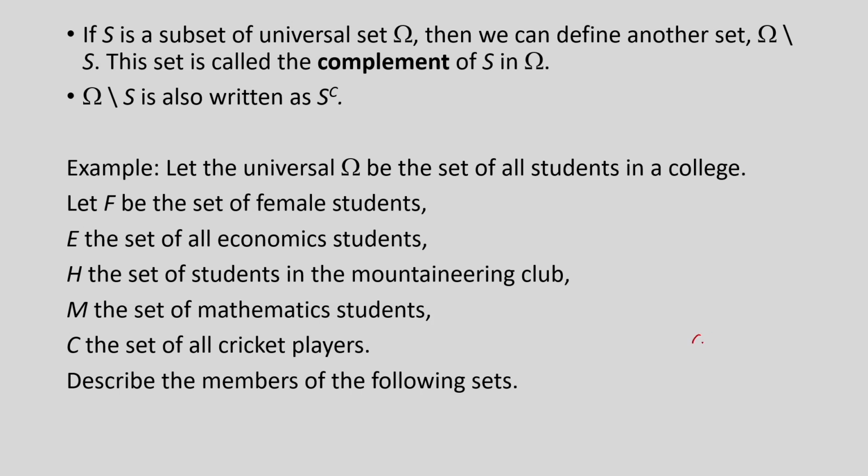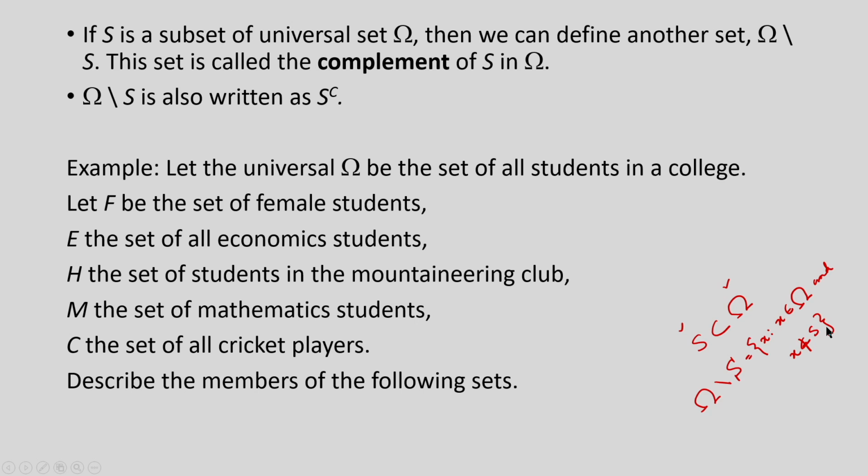So, you have S which belongs to gamma, right. So, this is the subset and this is the universal set. Then we talk about that set which is within gamma, but which is not an element of S. So, this is that set gamma minus S, right. Okay.